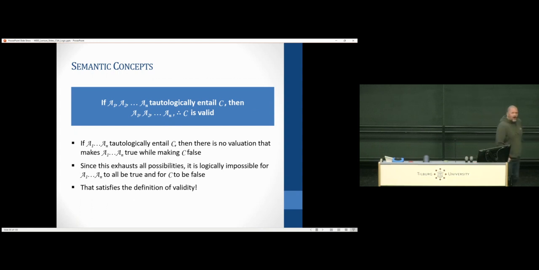So again, our big payoff is that now, if we can build tables, if we can follow the method that we've talked about today, this mechanical table building process, then we now have a beautiful tool to evaluate arguments.